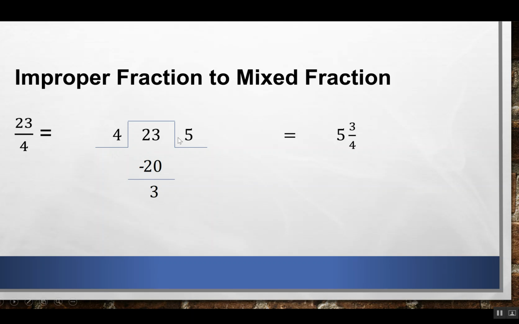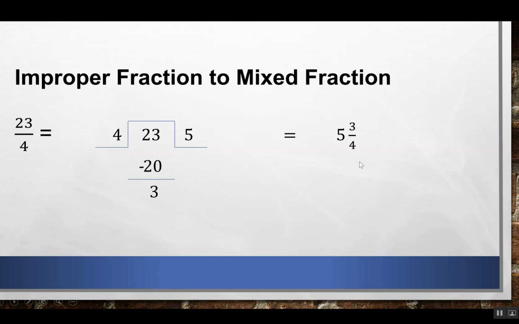When we divide, it goes 5 times, so 5 is our quotient, because 5 fours are 20 and we can't divide 3 anymore, so it becomes the remainder. As per the formula in the previous slide, a mixed fraction should be quotient, remainder divided by denominator or divisor. So it converts into 5 3 by 4.